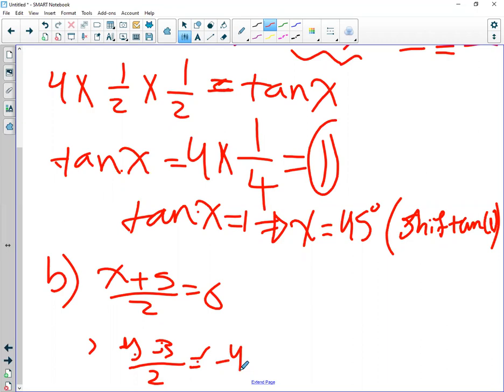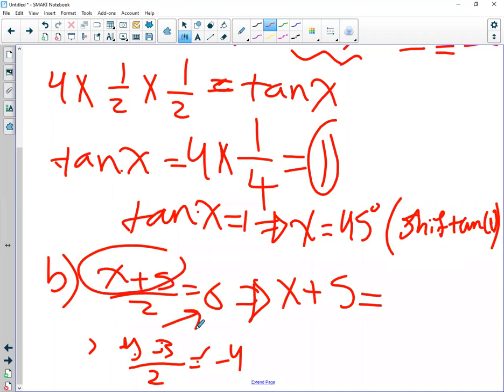Then by using cross multiplication, product of means equals product of extremes, x plus 5 equals 2 times 6 equals 12. Then x equals 12 minus 5 equals 7. This is the first projection of the ordered pair.